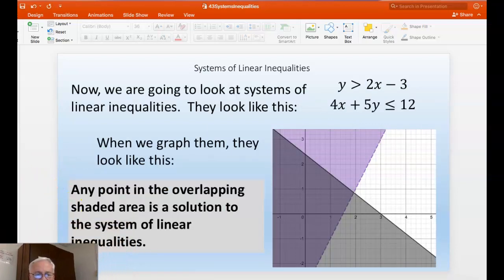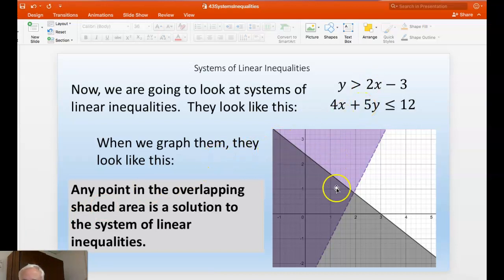Guys, now we're going to look at a system of linear inequalities. They look like this. Again, it's just two inequalities. When you graph them, they look like this. These are two inequalities we're graphing, but the two shaded areas overlap. See this darker shaded area here?